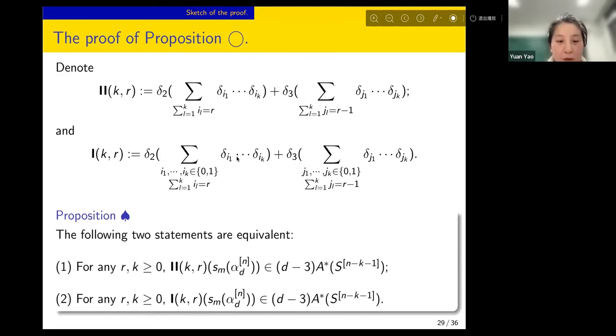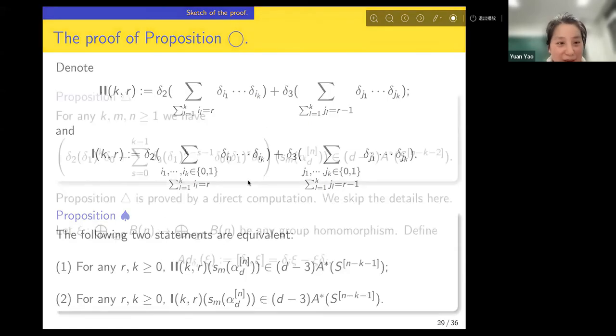So there's no delta 2, delta 3 inside these brackets. The proposition says that these two statements are equivalent. So now we reduce our proposition circle to showing this single I K R. It's a different expression, still not simpler.